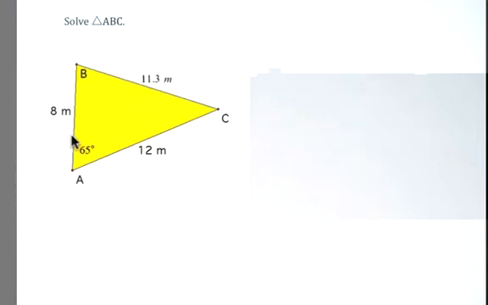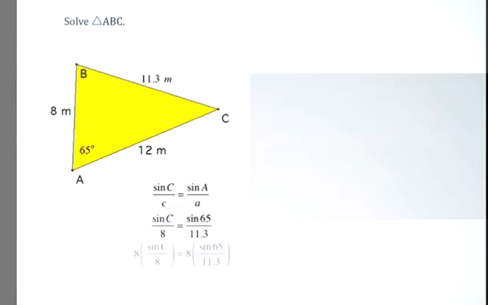So now we have an angle measure and the corresponding side length, and we can find either angle B or angle C using sine law. And we're going to use sine law to find angle C now, and we'll sub in what we know. c is 8 meters, angle A is 65 degrees, and side a is 11.3 meters.